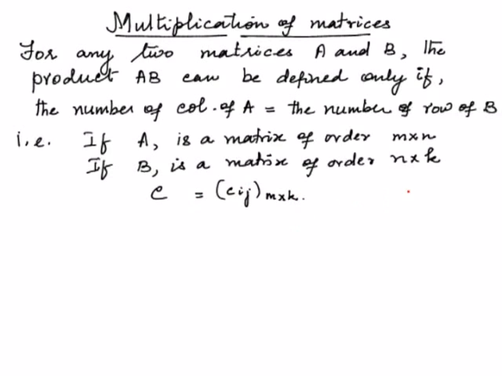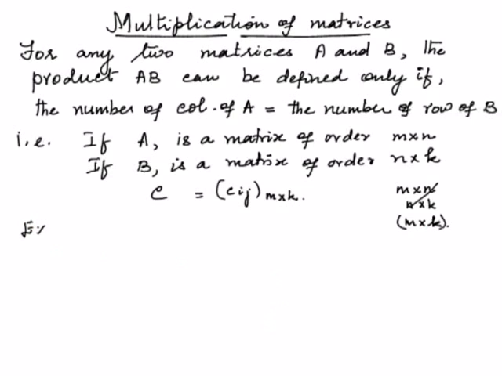How to remember this? You have a matrix of order m by n and a matrix of order n by k. Now, it's the backslash that you need to apply. So, the resultant is of order m by k. This is the way you remember it.